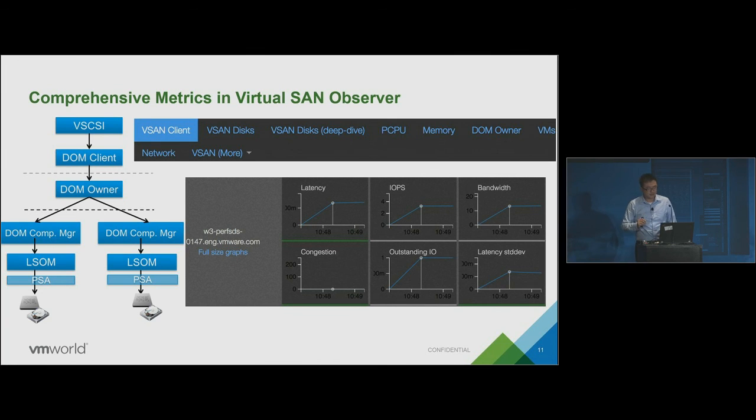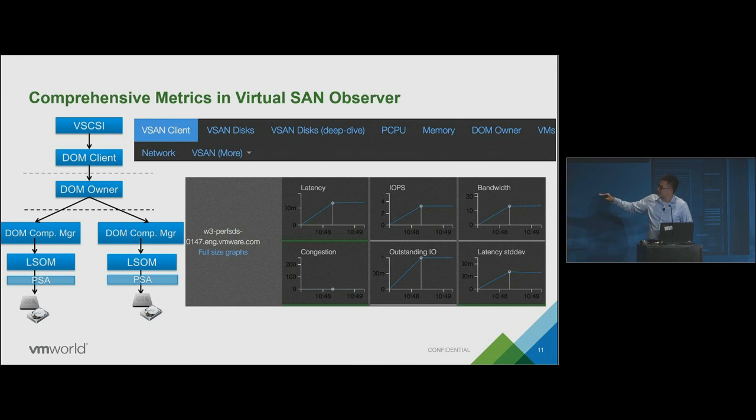Note that the virtual SAN observer actually reports the average data within the sampling period. So for example, the latency value here shows you the average latency within the sampling interval that you specify. However, the latency standard deviation here shows you how the latency value is fluctuating within the sampling period. We're actually going to use that value later in our example.